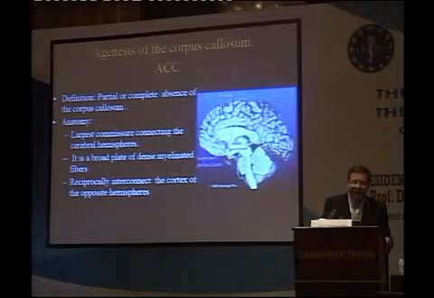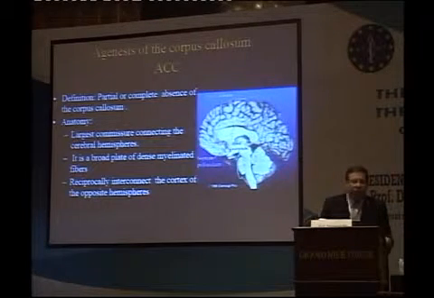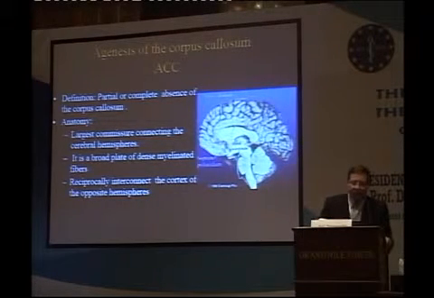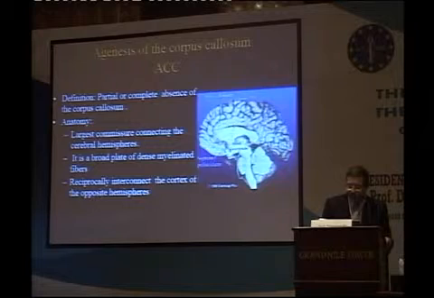The corpus callosum is simply a broad plate of dense myelinated fibers which intercommunicate both cortices of the brain. It's exactly in the midline. In agenesis, we have either partial or complete absence.